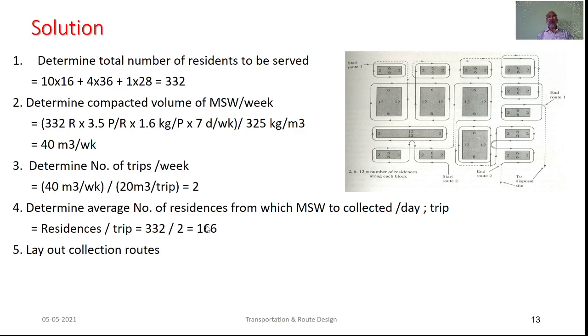and now we wish to have the route design in such a manner that it will serve these 166 residences.